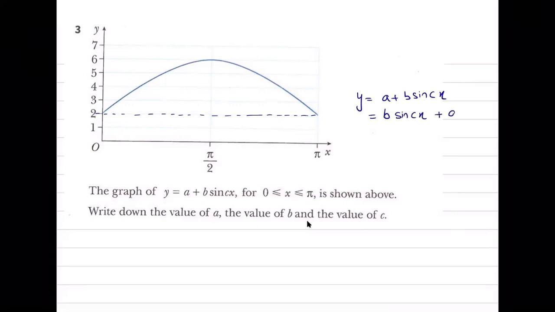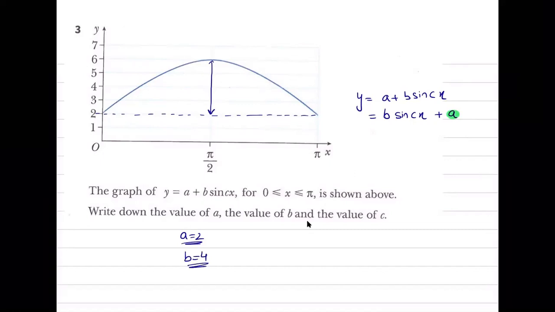A. सो a की वैल्यू यहाँ पे क्या हो जाएगी? 2. गुड. अब आते हैं एम्पलीट्यूड पे. ये एम्पलीट्यूड है. सो 2 से लेके 6 तक, सो द एम्पलीट्यूड बिकम्स 4. So b value is 4.